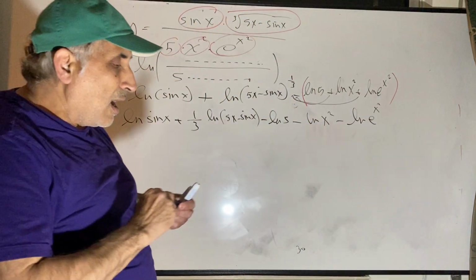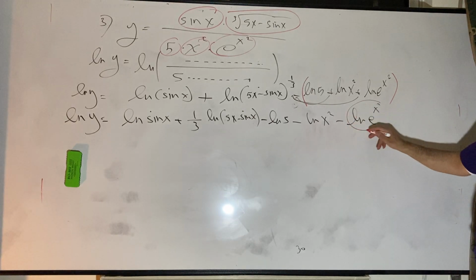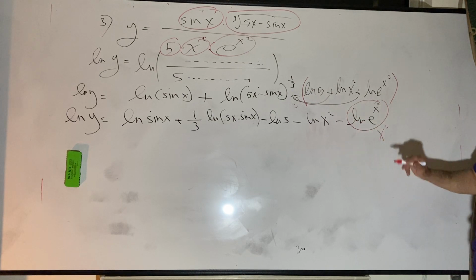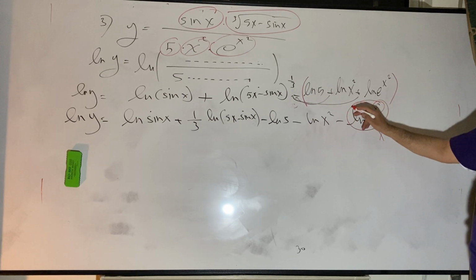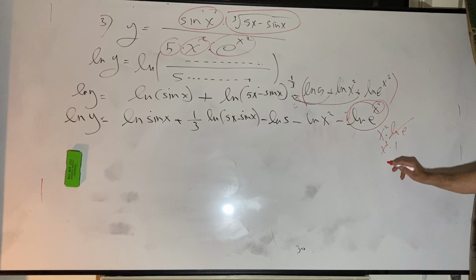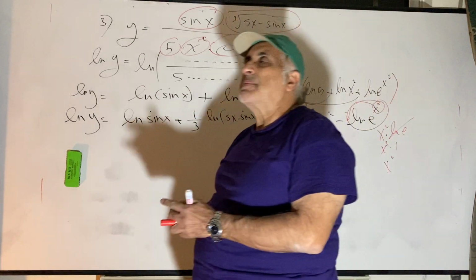And guess what? How many of you remember that this x squared will come down here? If this comes down, it will be x squared times ln e, and ln e is 1, so the answer is what? x squared. Ah, you forgot about it. I know. See? Practice makes perfect.